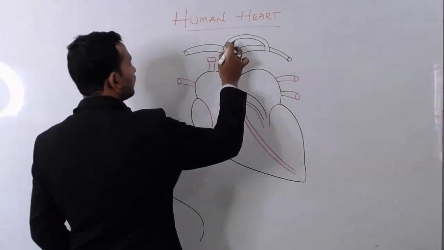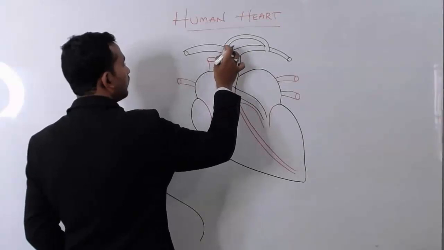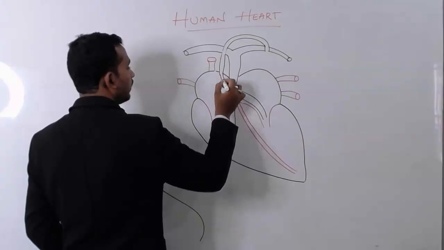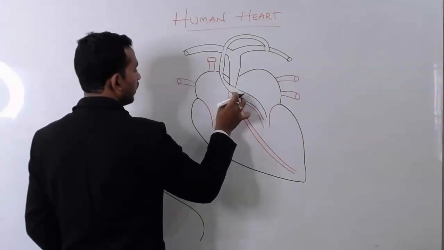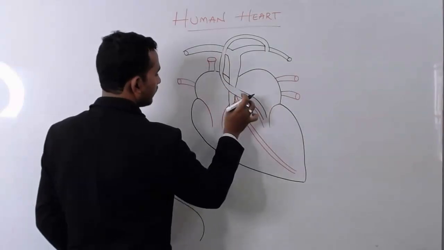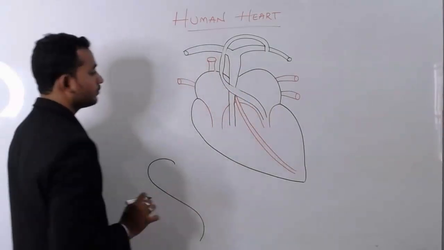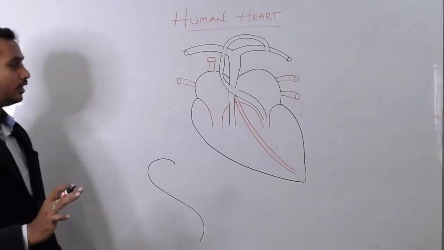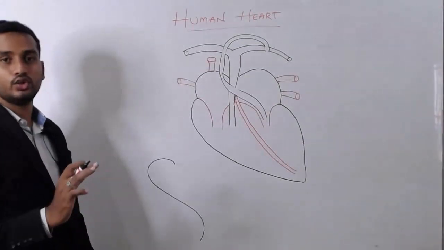We are just going to erase this part. आपको सेंट्रल लाइन में जो भी दिखाई दे रहा है उसको आप इरेज कर देना है. Understood? Yes. We have done with the human heart diagram.